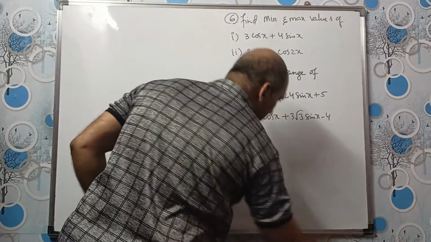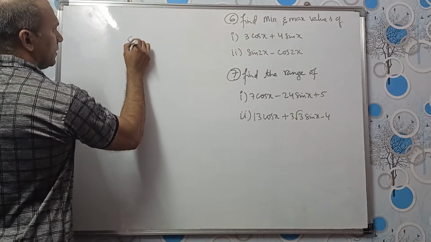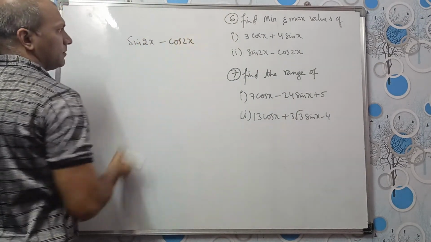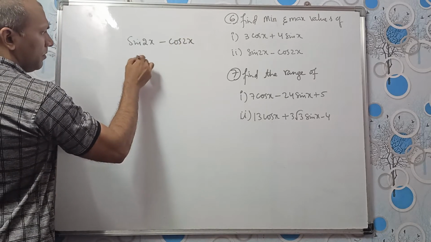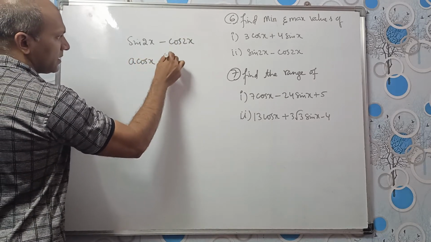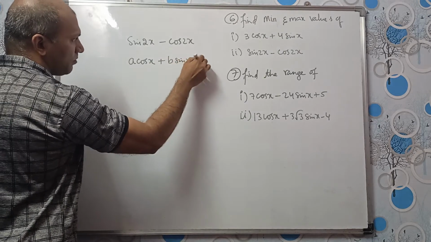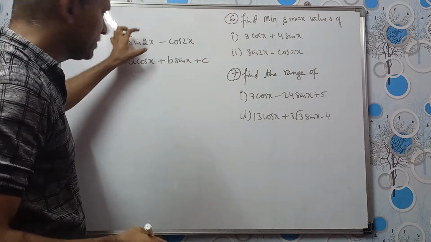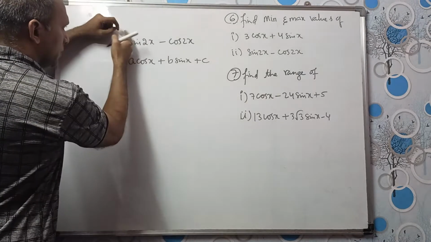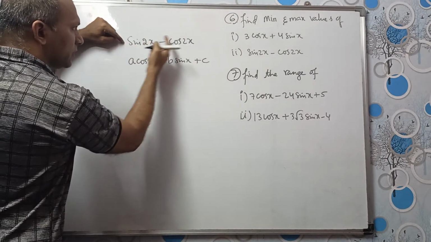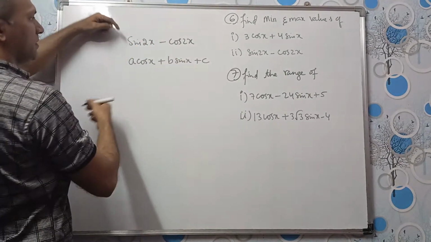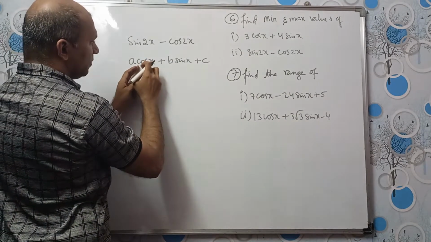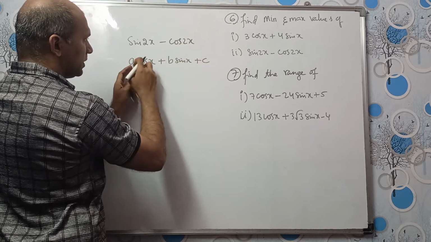What about the second one? Sin 2x minus cos 2x. Okay, so if you compare this with a cos x plus b sin x plus c. See here, you have x, here you have 2x. It doesn't matter, right? The coefficient of sin 2x, coefficient of cos 2x matters. So what is the value of a?